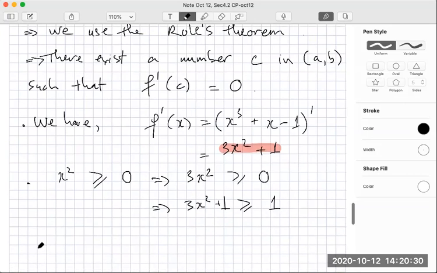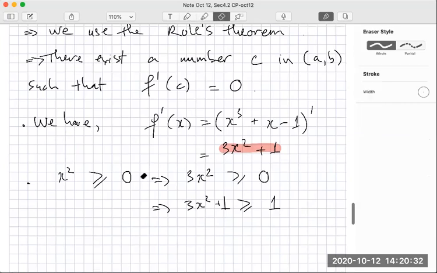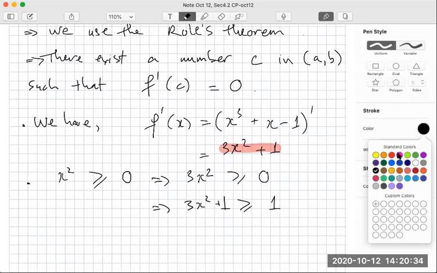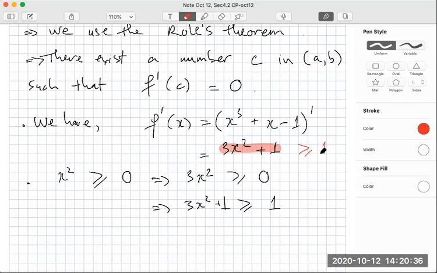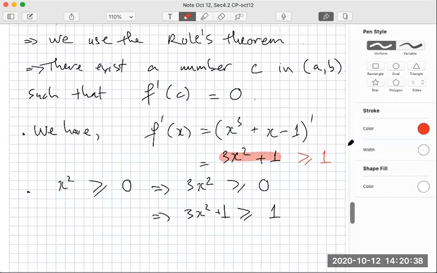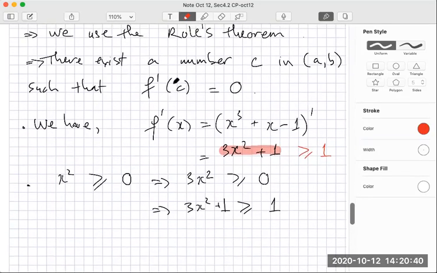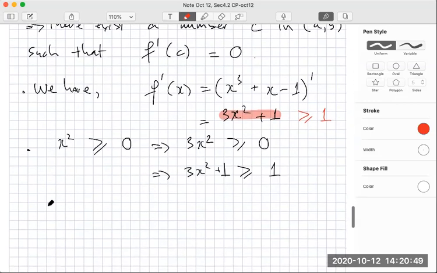Therefore, f prime of c will always be larger than 1. It cannot be equal to 0.